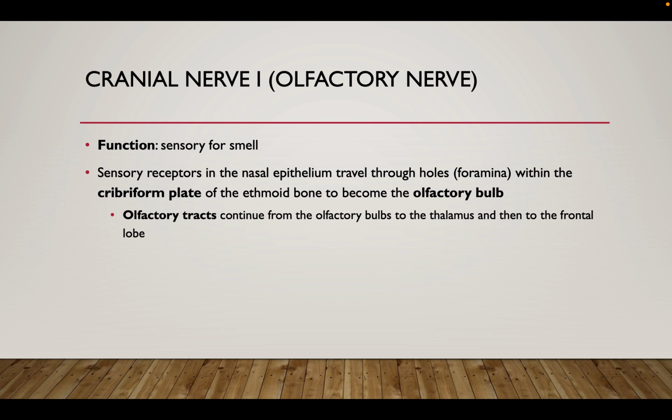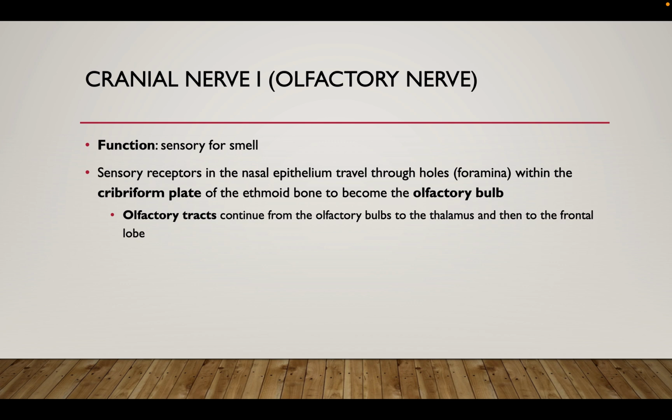As you go from these fila olfactoria back to the brain after they have detected stimuli, you pass through a region known as the cribriform plate, which, if you recall from reviewing the skeleton, is part of your ethmoid bone, and they go to the olfactory bulb. Okay, from the olfactory bulb, we will continue posteriorly toward the brain, so toward the cerebrum, and it will be known as the olfactory tracts.